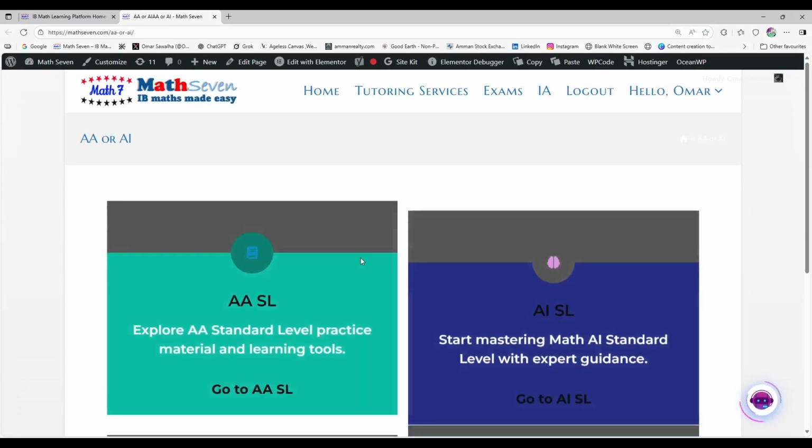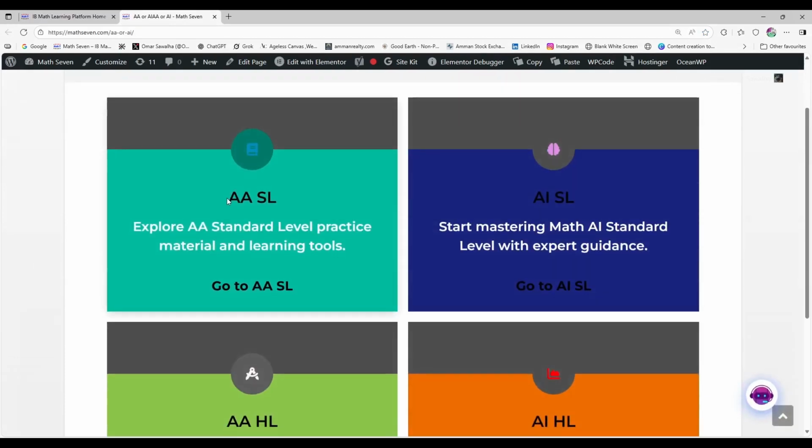So let's take an example, for example the AASL curriculum, and it is applicable for the AASL and AISL. The AAHL and AIHL, I think it's gonna be ready within a few months this year of 2025. So you click on go to AASL.